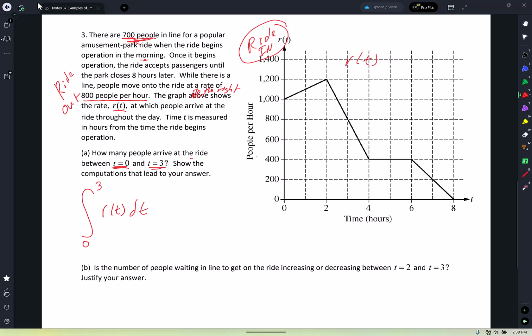Look at the units. People per hour times hours is going to give you people. So between t equals 0 and t equals 3, whatever the area under this graph is, that is how many people arrived during that 3 hour time set. Does that make sense? Or does it not make sense?